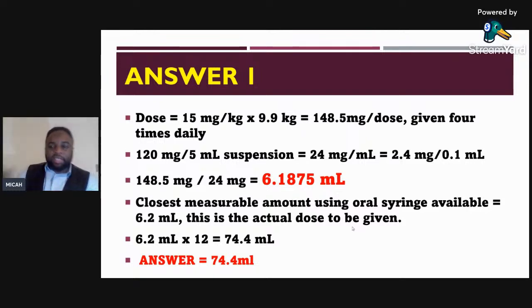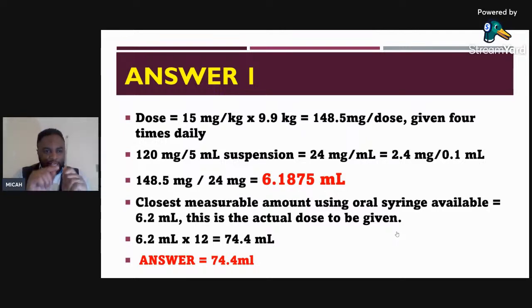So what that means is all you can measure out is to the closest 0.1 mL. So when you have 6.1875 mL to give, you need to round it to the nearest 0.1 mL before you start administering the medication, because your syringe is only calibrated at 0.1, 0.2, 0.3, 0.4, 0.5, 0.6, 0.7, etc. You are not able to give 6.1875 mL.